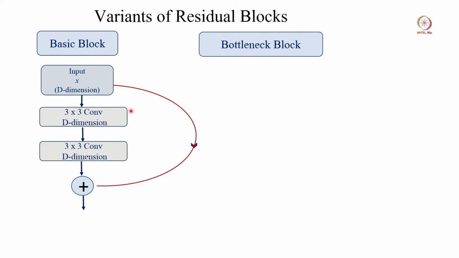Of course, in between there can be activation functions, and then this input is getting added to the output of the second convolution operation, and after the summation of the output of the 2 convolution layers and the input, we get the output here.